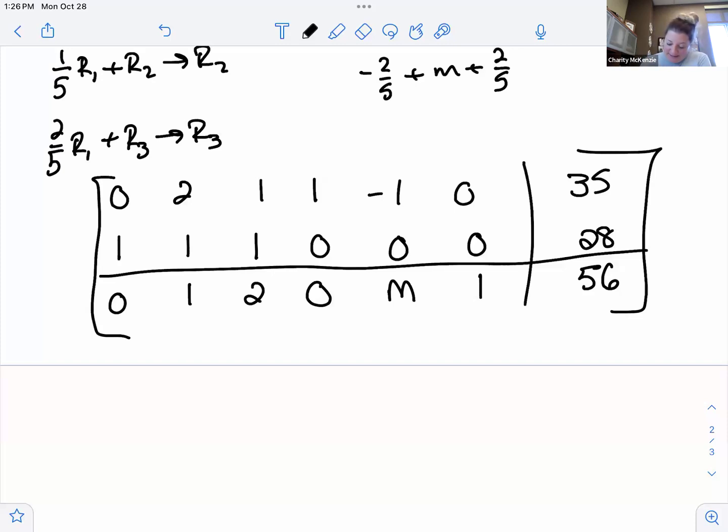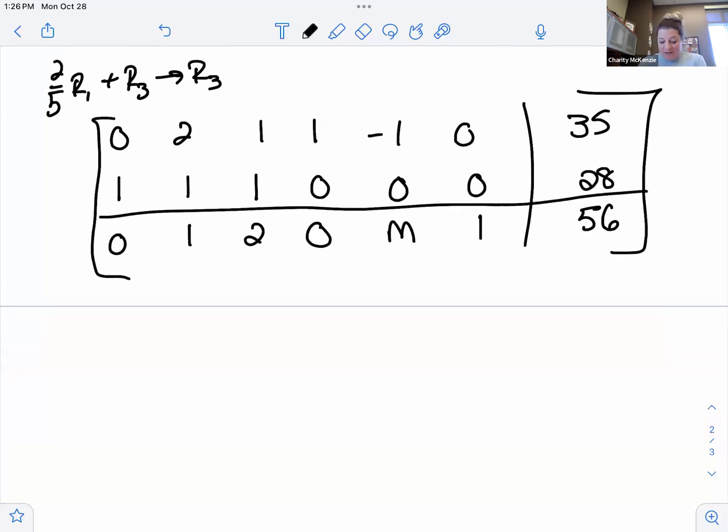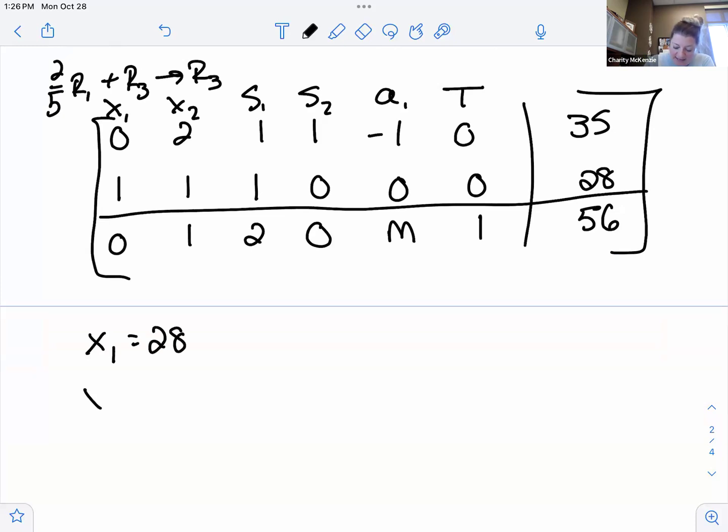I hope not. Okay, so from here, what's our solutions? Well, this was x1, this is x2, this is s1, this is s2, this was our artificial variable, and this was our t variable. So we're going to go back and say x1, go over, and that's 28. x2 is what if we have numbers in x2?